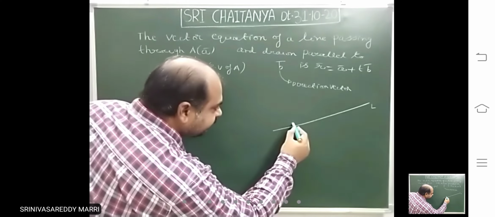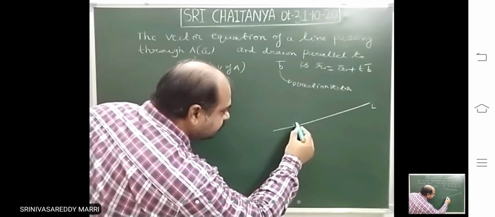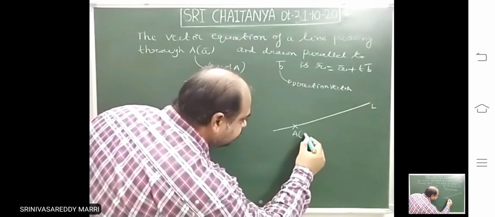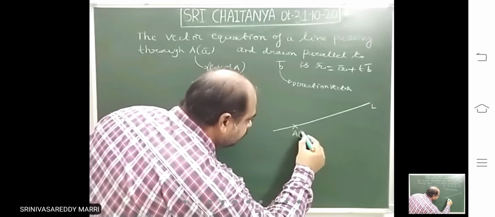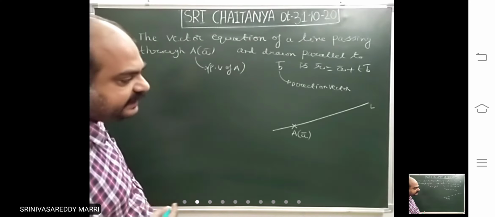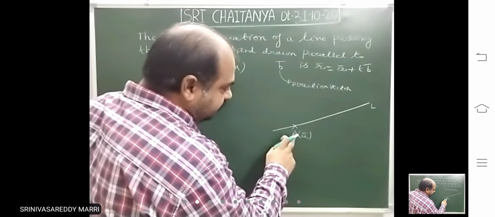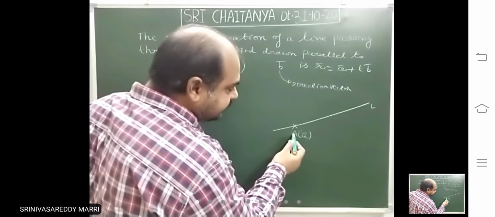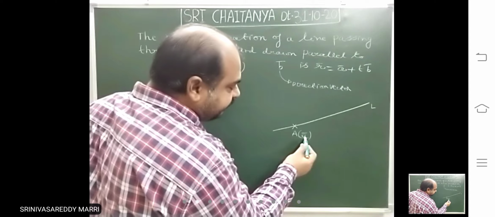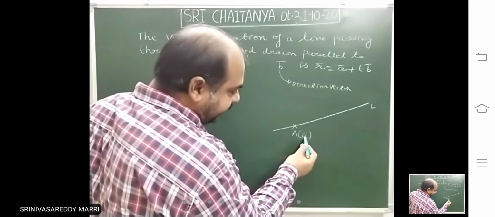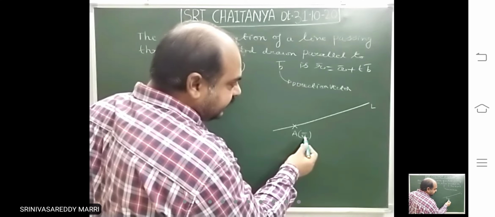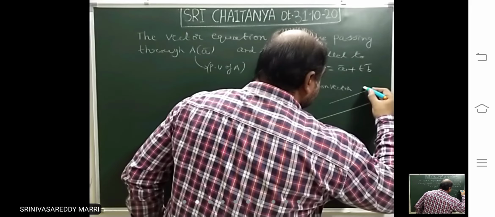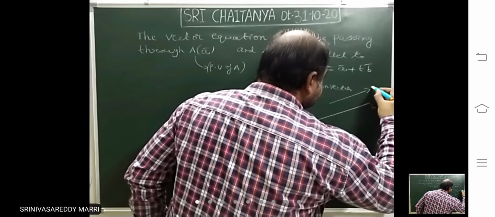That means for finding the line, you have to know a point on it, just like in 2D geometry, where the point-slope form will be there. So the point and its position vector must be known. Position vector means the coordinates of that point, in 3D language, and the line direction, that means B bar.